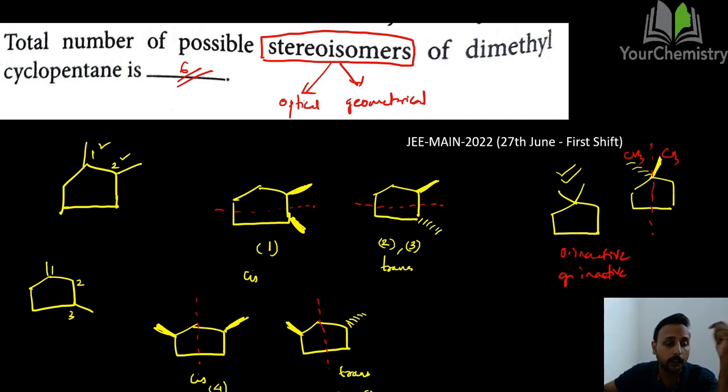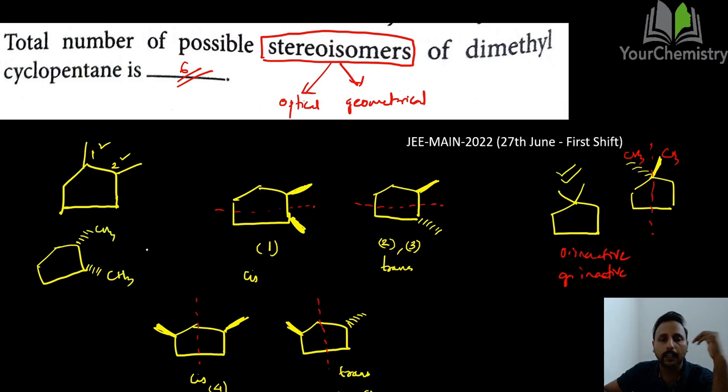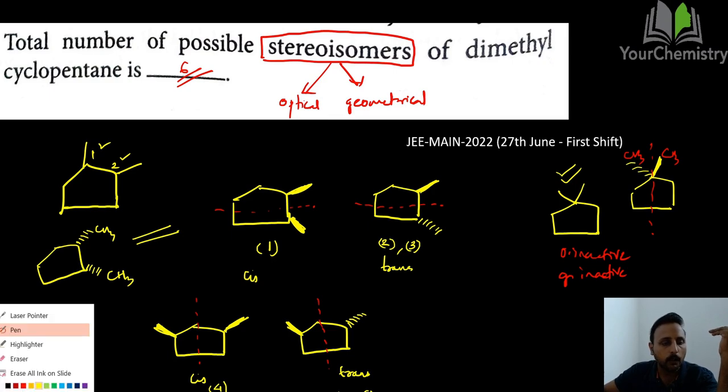And you may be thinking one doubt. Yes, I know. Why, sir, you are not drawing this? You may be thinking why you are not drawing something like this, where 2 CH3 are away from me, away from you. I am saying that these two are equal. They are the same. How are they the same?